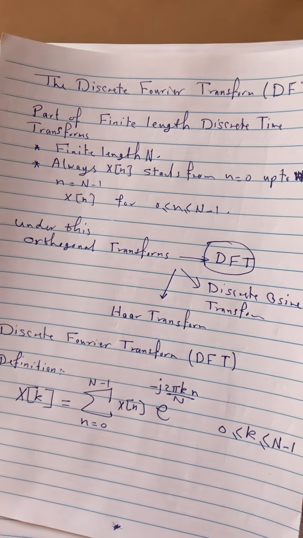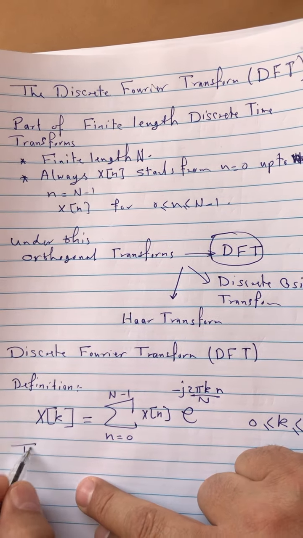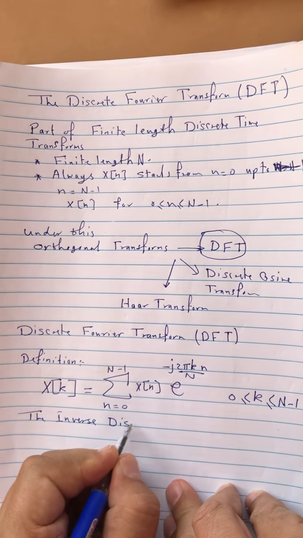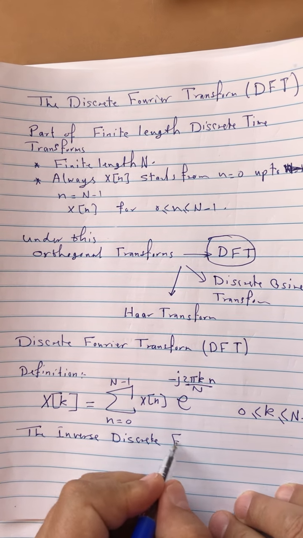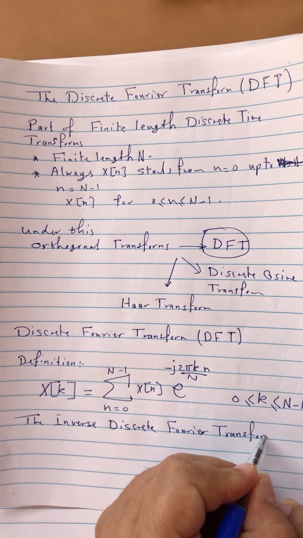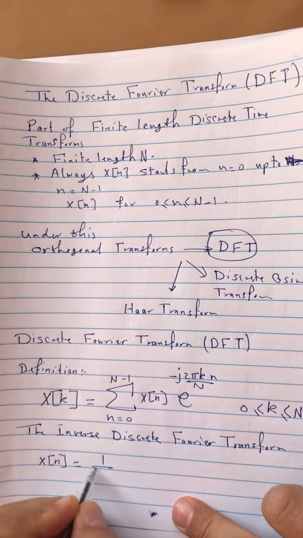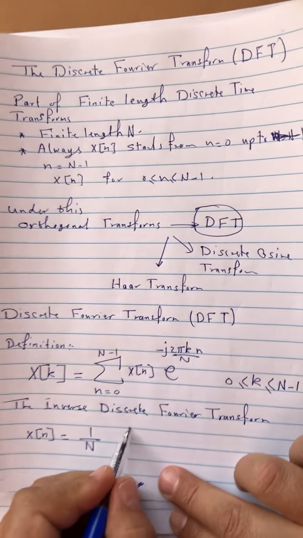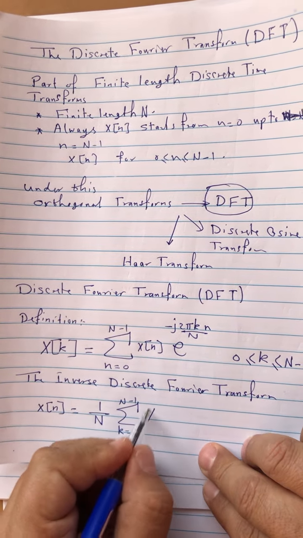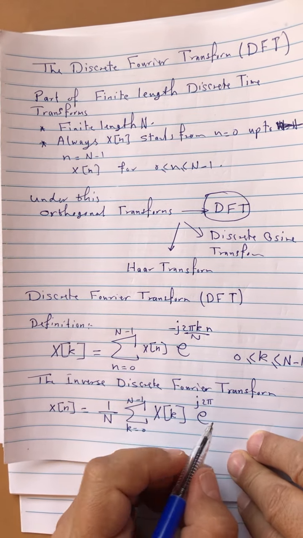Now we will take the other part, which is the inverse discrete Fourier transform. x of n, so this is the time domain once again, equals 1 over N, this is the normalizing factor, times the summation from k equals 0 up to N minus 1 of X of k e to the j 2 pi k n over N, so we do not have a minus sign here.